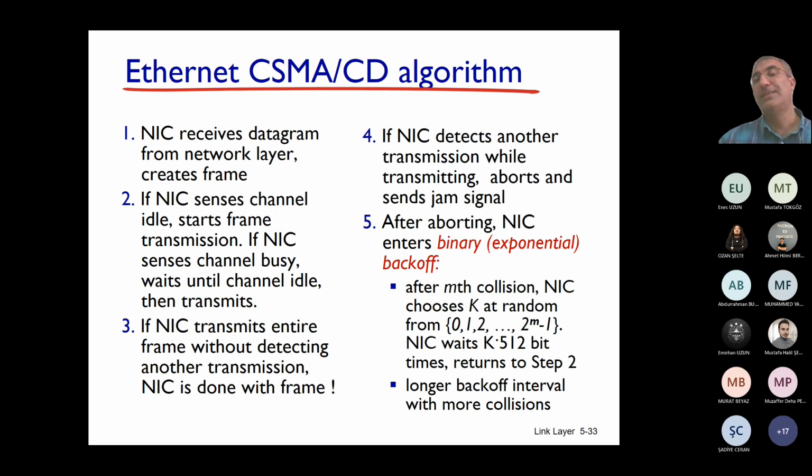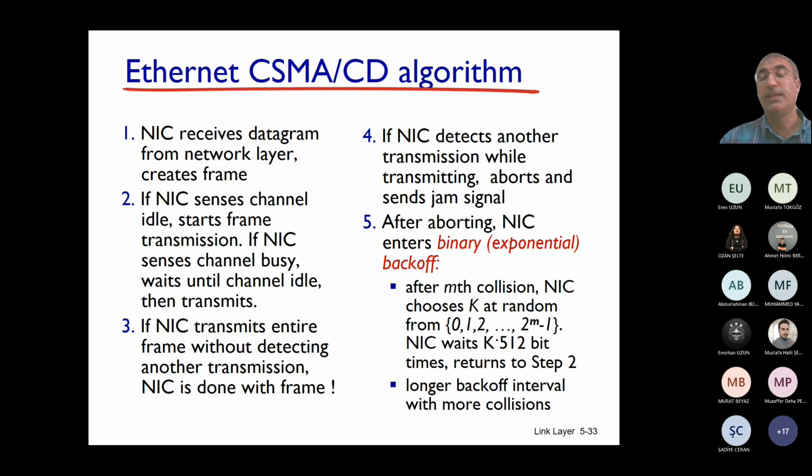So this CSMA/CD algorithm is used in the Ethernet that you use at your home or offices. How does this Ethernet CSMA/CD algorithm work? In the first step, the NIC, remember that was the network interface card, receives the datagram from the network layer, encapsulates it, and creates the frame.